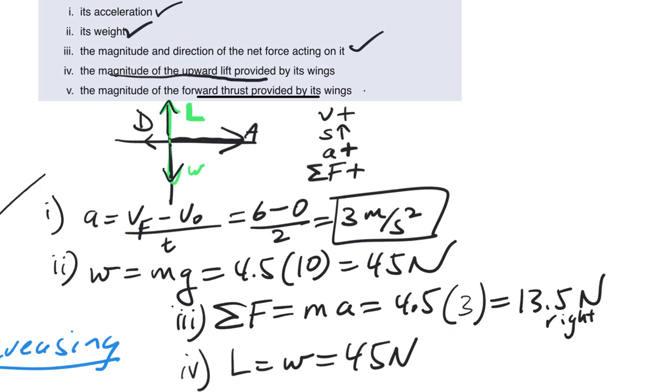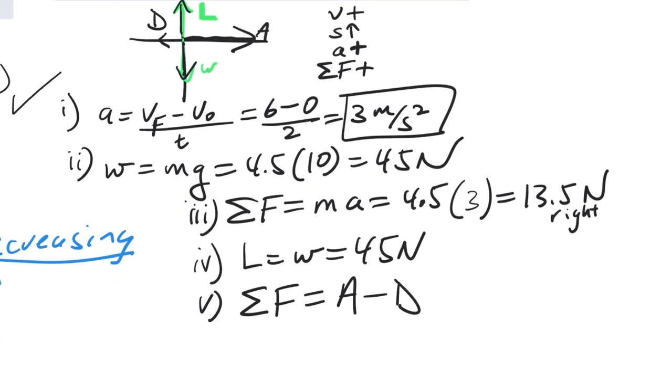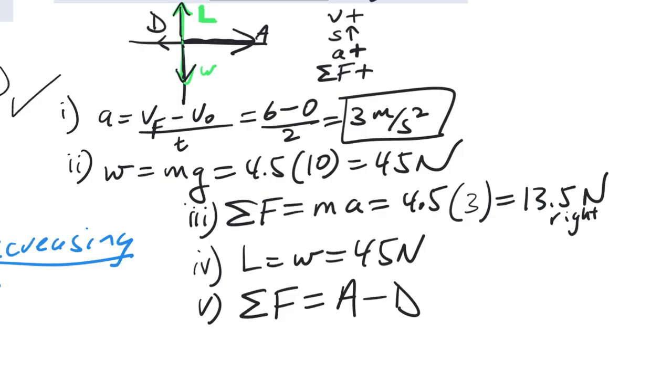5. What's the magnitude of the forward thrust provided by its wings? Okay, this is where the free body diagram is important. I look back at that, and the net force is the bigger one minus the smaller one. So net force is 13.5 because that's ma. And A is what I'm looking for, the applied force of the wings against the air in pushing the goose forward, minus the drag.